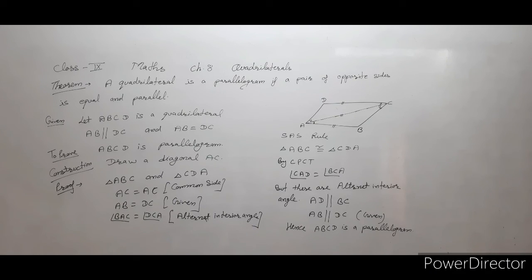Second, the diagonals bisect each other. In a parallelogram diagonals bisect each other, and for a quadrilateral, if diagonals bisect each other, then it is a parallelogram. Opposite angles are equal. In a parallelogram, opposite angles are equal. If in any quadrilateral opposite angles are equal, then it is a parallelogram.